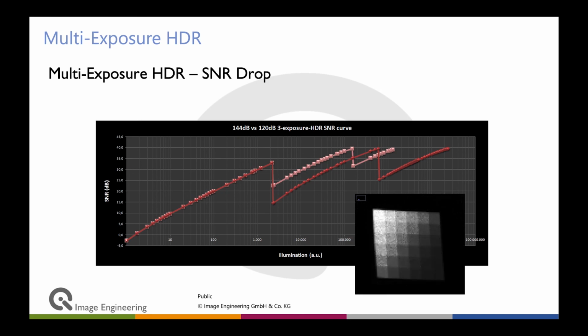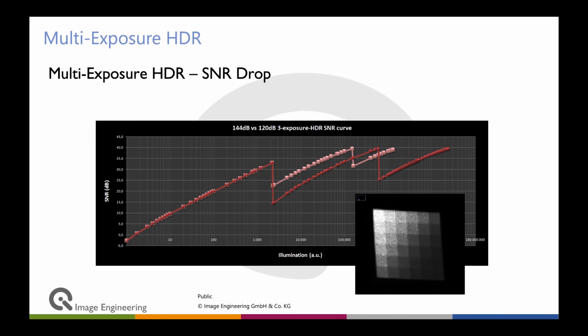This is an actual measurement image. It's not faked; it's a real image that we captured with an automotive camera. You see that the bright patches show significantly more noise than the dark patches. How come? That's the SNR drop. That's something you have to keep in mind.